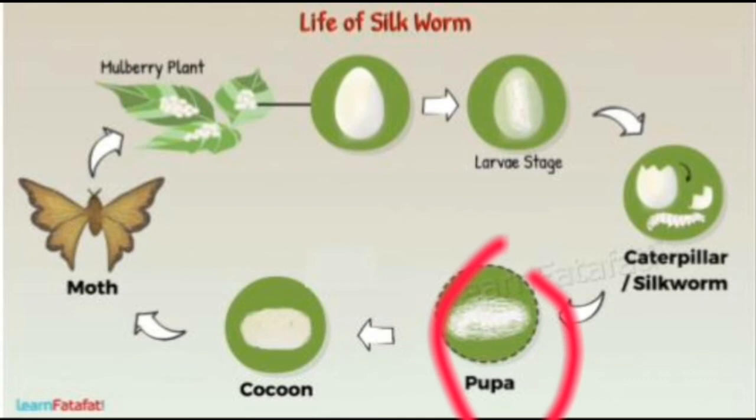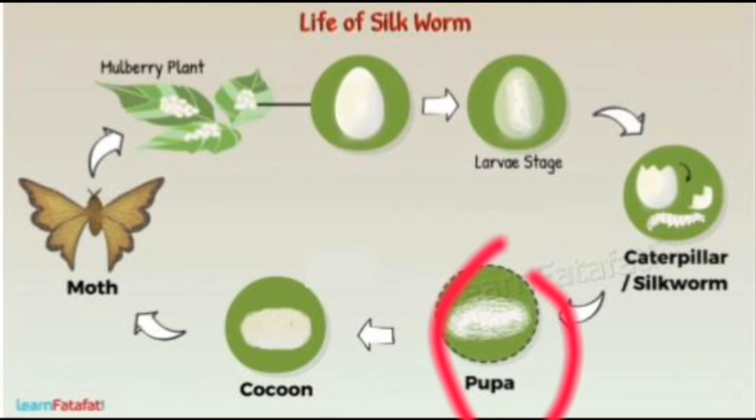The caterpillar enters the next stage of its life history called pupa. It first weaves a net to hold itself, then it swings its head from side to side in the form of the figure of 8. During this movement of the head, the caterpillar secretes fibers made of a protein which harden on exposure to air and become silk fibers.